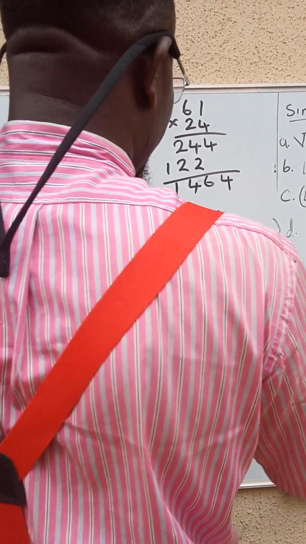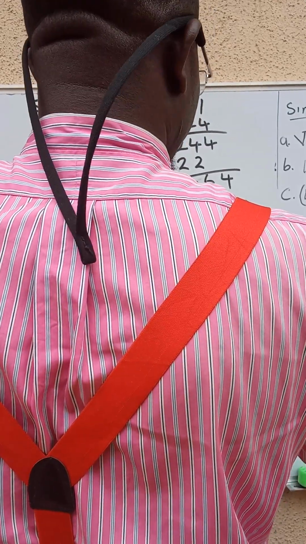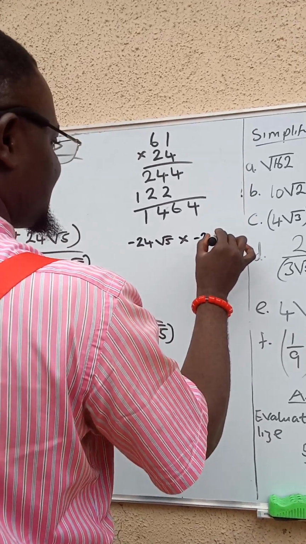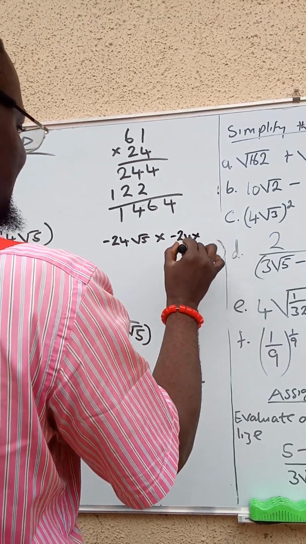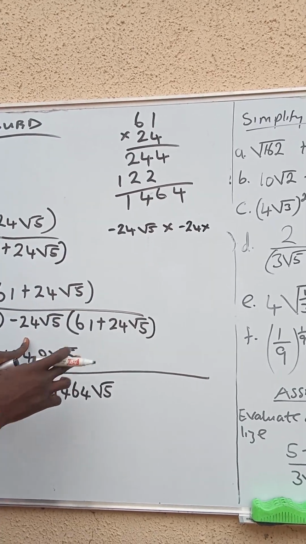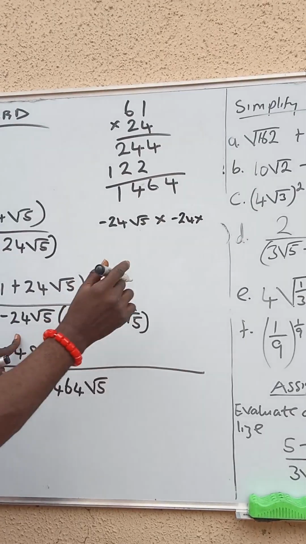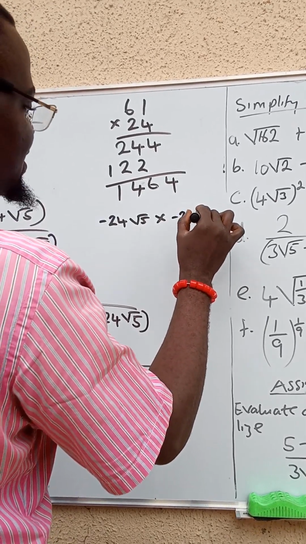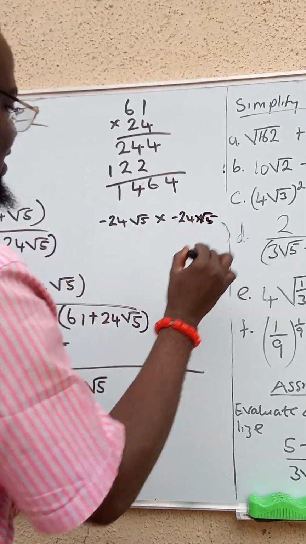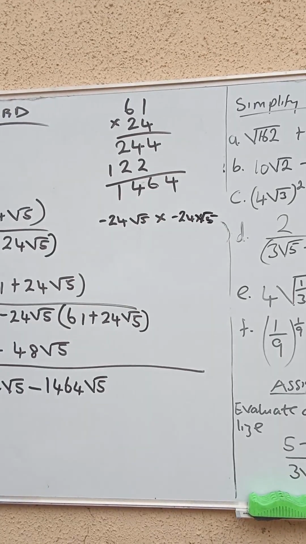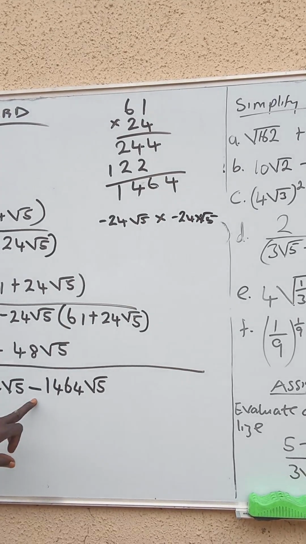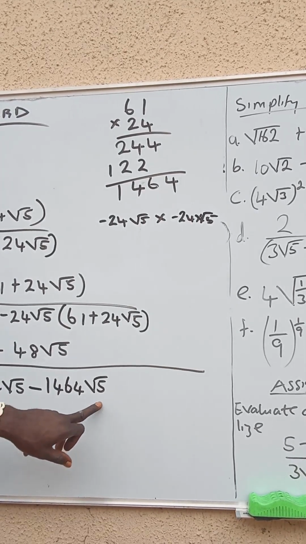The same thing. So multiply by minus 24. We have minus 24 multiplied by this. So there are 2 root 5. Right? Now, you look at it, minus 24 root 5 multiplied by this will give me minus 1,464 root 5.